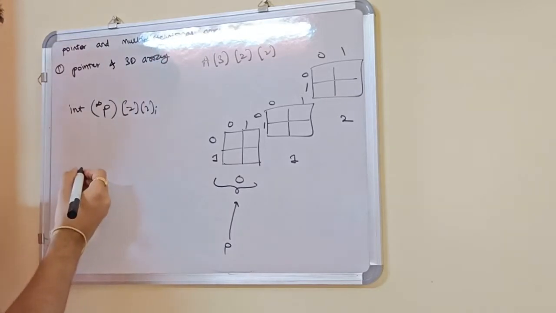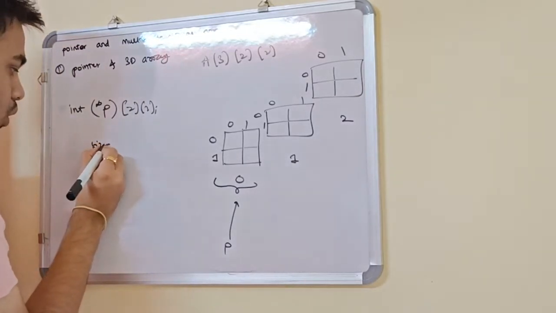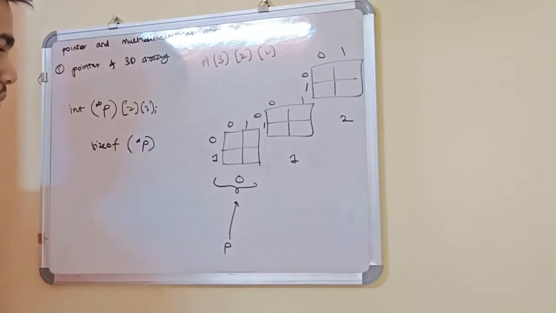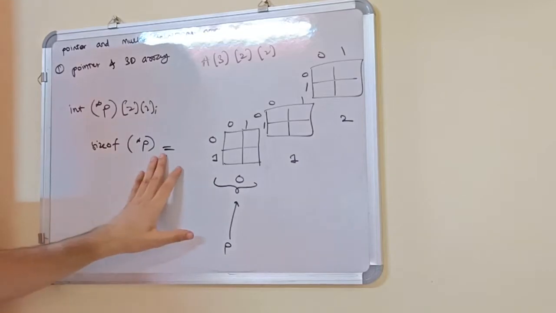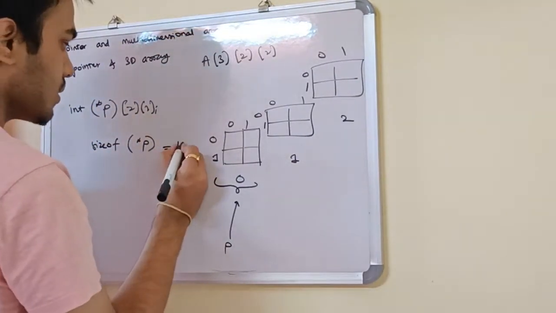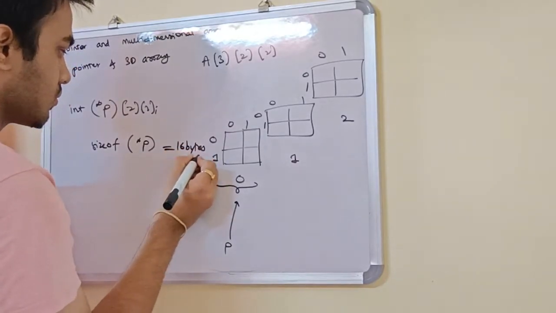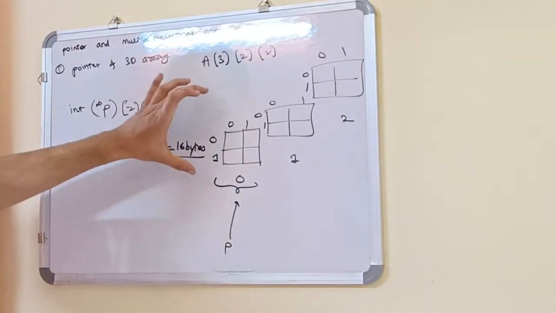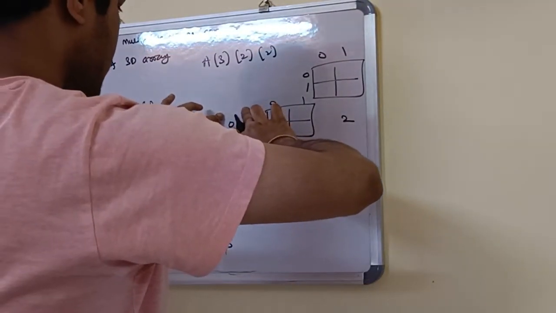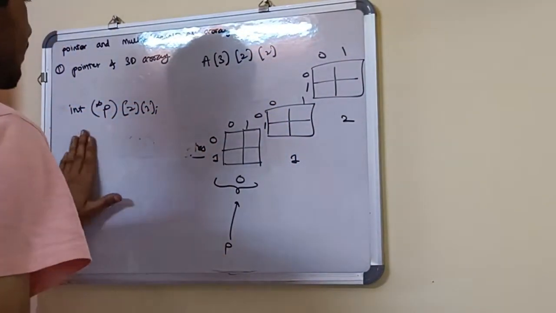Now if I write sizeof(*p), it will print 16 bytes. Why? Because dereferencing it will go to this block, and the size of this block is 16 bytes.